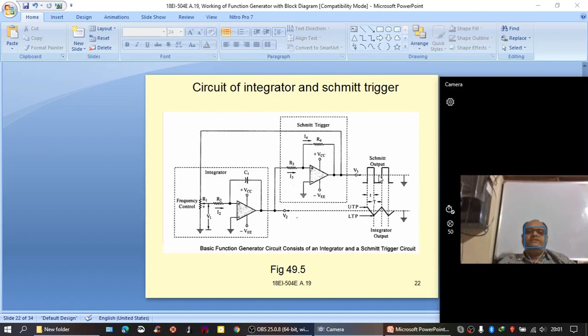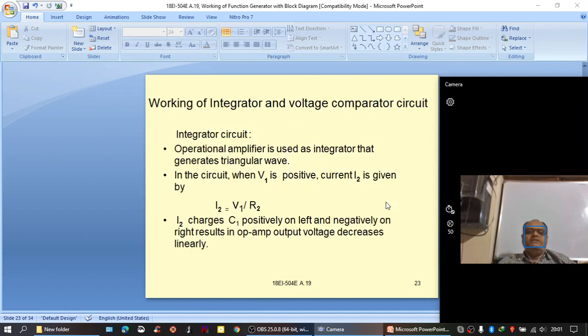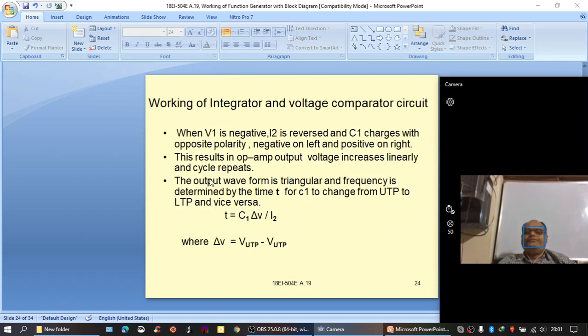The output of the Schmitt trigger changes from high to low, and that negative voltage is used as input to the integrator. So because of the negative voltage, current starts flowing in the opposite direction. Now it appears to be a positive going ramp at the output of the operational amplifier. This results in the op-amp output voltage increasing linearly and the cycle repeats.